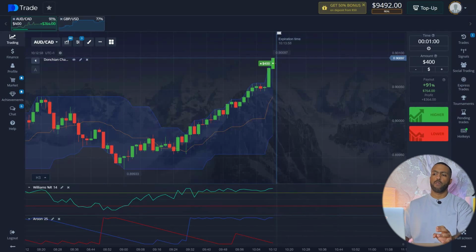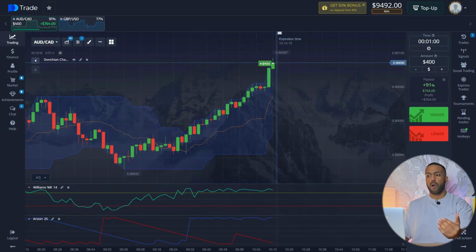And the Williams line was between the levels 0 and 20, which is called the overbought zone, and it reached the maximum value. And this confirmed as well the signal from the Aroon indicator. And finally, the price broke through the upper limits of the Donchian indicator and continued to grow, and this indicated a possible increase in price. So 3 signals, guys, confirmed.